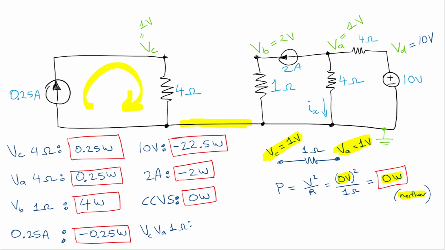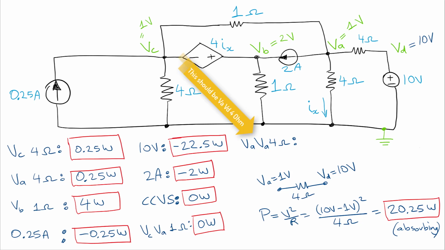Okay, so now let's continue solving. So then we have the resistor over here. Okay, on one side is VA and on the other side is VD. So we've got here VA is equal to 1 volt, VD is equal to 10 volts, so we have 9 volts across that resistor.